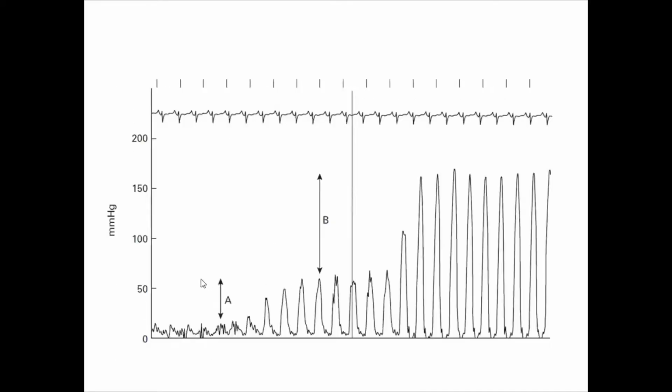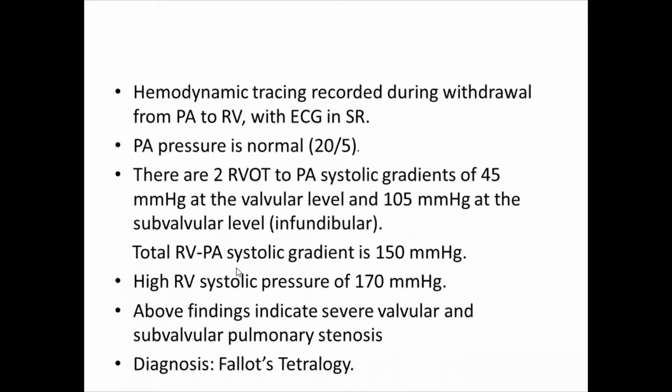This A, around 45, indicates valvular stenosis, and there is another one between the RVOT and the RV cavity, and we have a high RV systolic pressure of 170. So the above findings indicate severe valvular and subvalvular pulmonary stenosis, and this goes with the diagnosis of tetralogy of Fallot.